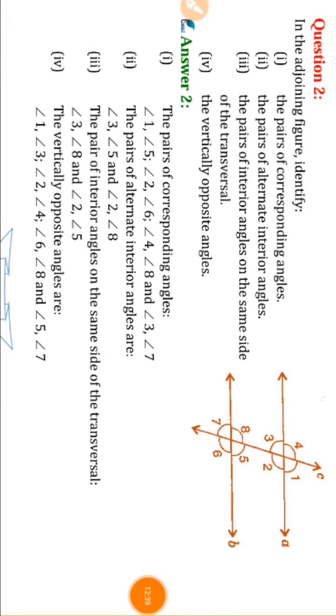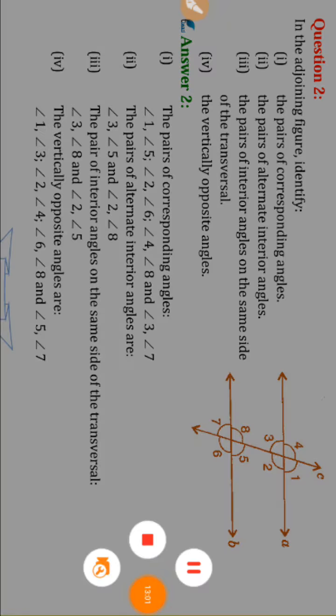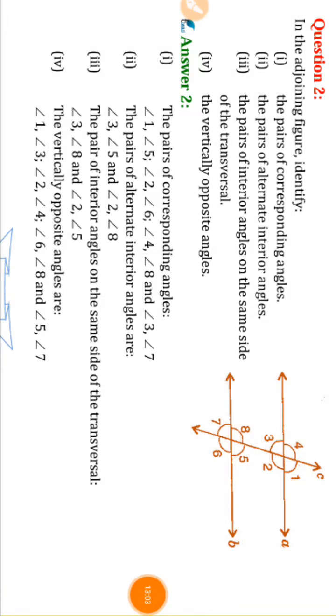In the adjoining figure, adjoining means the side figure, identify the pairs of corresponding angles, pairs of alternate interior angles, not exterior, the pairs of interior angles on the same side of the transversal line, and the vertically opposite angles. So pairs of corresponding angles means F shape. Where is that?